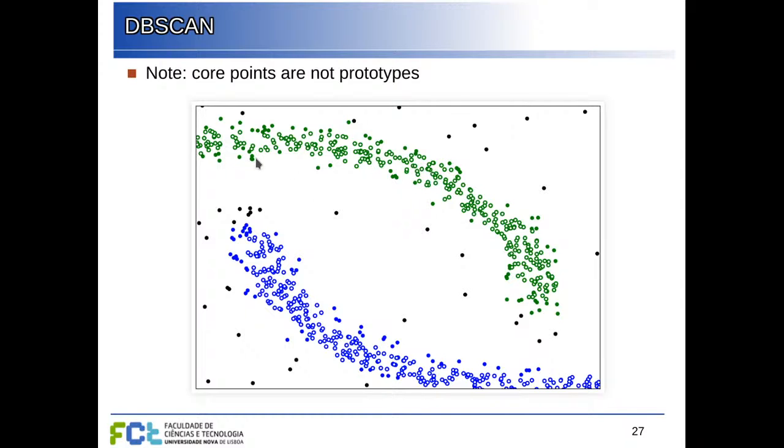They are not exactly prototypes because the membership of each point to this cluster is not determined by any of these points individually. Rather, each point, even the non-core points, belong to the cluster because they have a core point as neighbor, but all these core points belong to the same cluster because they have a network of neighbors between them that brings them all together in the same cluster. And the same thing for the blue cluster here.